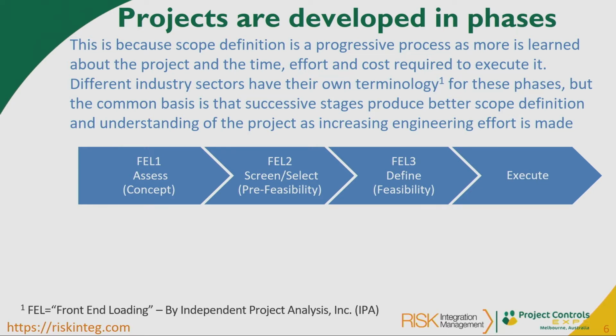The second, FEL 2, is where you're screening different approaches to the project and selecting the one you want to go with, and that's the pre-feasibility stage. And FEL 3 is where you're defining the project. It's the last stage before sanction or financial investment decision, and that is generally in some sectors called the feasibility study. And then you get into execution, where the die is cast and you've made your bed and you hope it's a comfortable one to lie in.